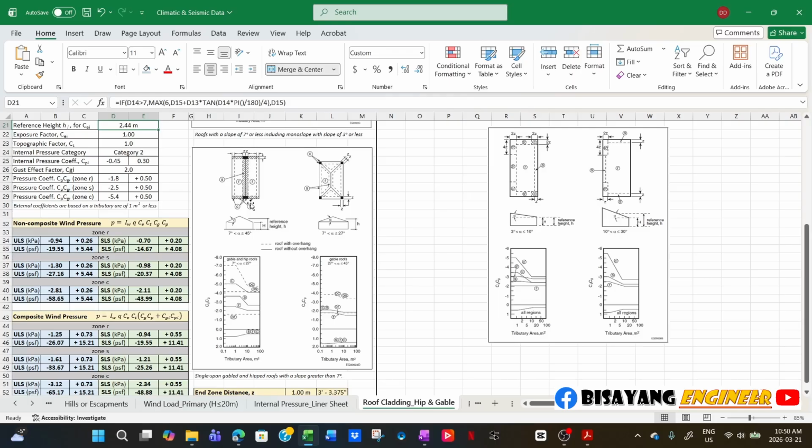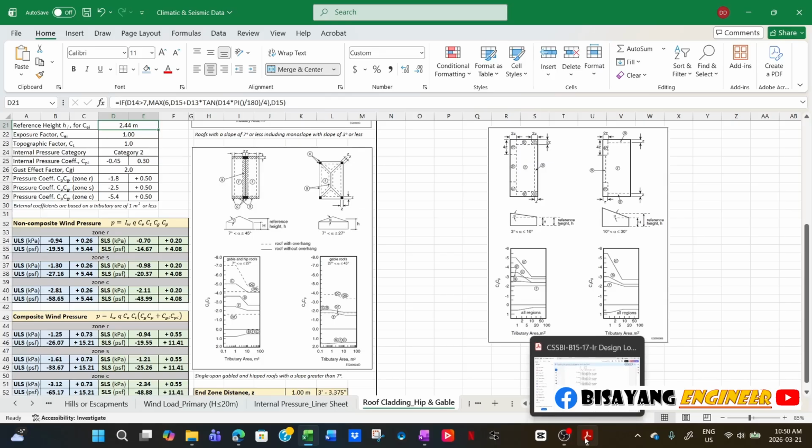So if there's a typhoon coming, look at this diagram, the hatch area, and wherever there's the solid black hatch, that's where the biggest pressure on the roof is. So you better put most of your weight on that particular location.